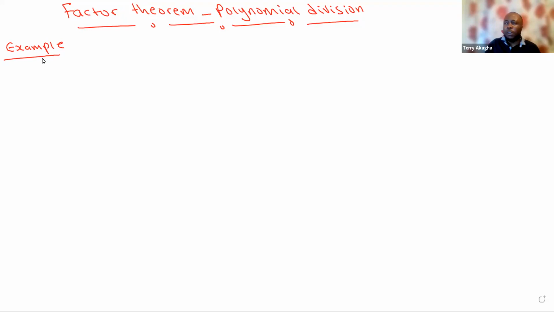So for instance, if the question said, is x minus 2 a factor of, let's say, 2x cubed plus x squared minus 13x plus 6? They're asking you, is this a factor?